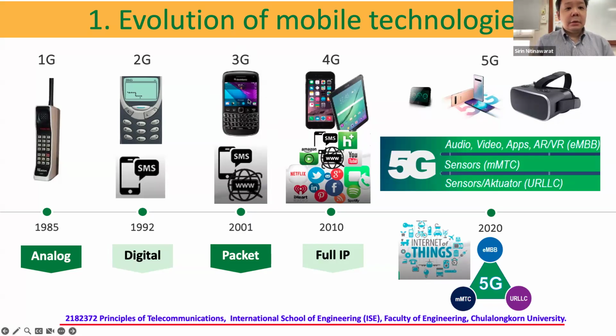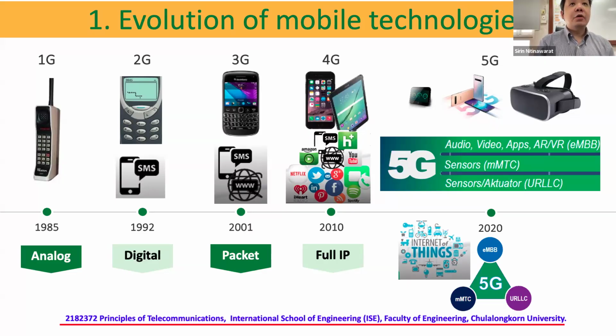So again, when we talk about digitalization and packetization in 2G and 3G, remember it's only for part of the user's traffic related to the data use, because in cellular networks one major use case is voice telephony.